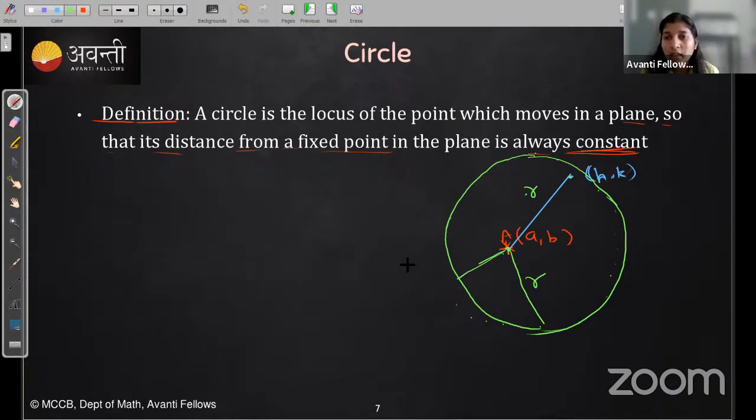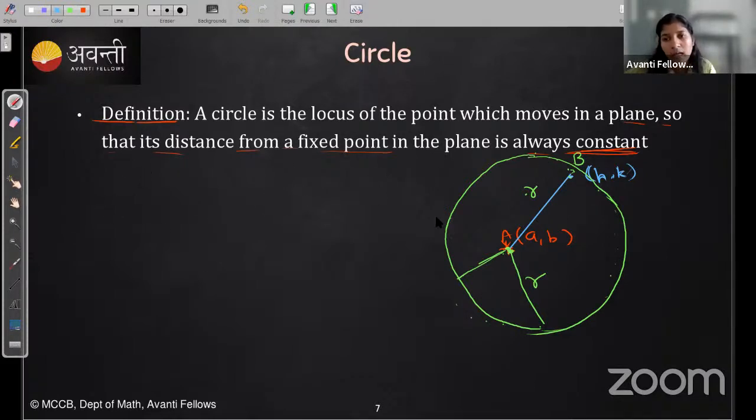So what is a circle? It is a locus of a point so that its distance from the fixed point in the plane is always constant. Fine? Now how to find this distance? Tell me, how to find the distance between 2 points? We have to find the distance between A and this point B. How do we do it? Distance formula, correct?